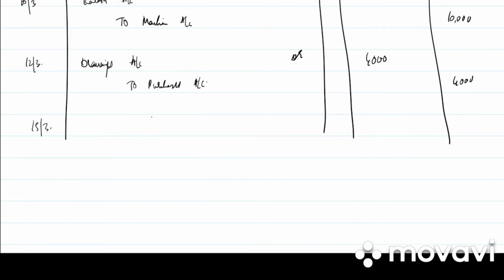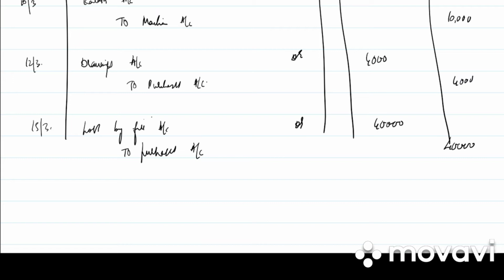Then on 15th March we have goods worth 40,000 was destroyed by fire. So loss by fire account debited to purchases account. 40,000 debit, 40,000 credit. Write down the narration. Goods destroyed by fire.